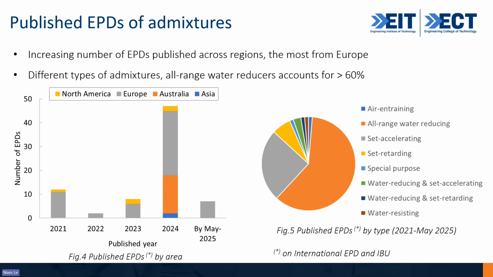More than half are this type of admixture. We also have other types of admixtures with published EPDs, like set accelerating admixtures or retarding admixtures, right? It means different types of admixtures already have EPDs, and the number of them will be increasing.